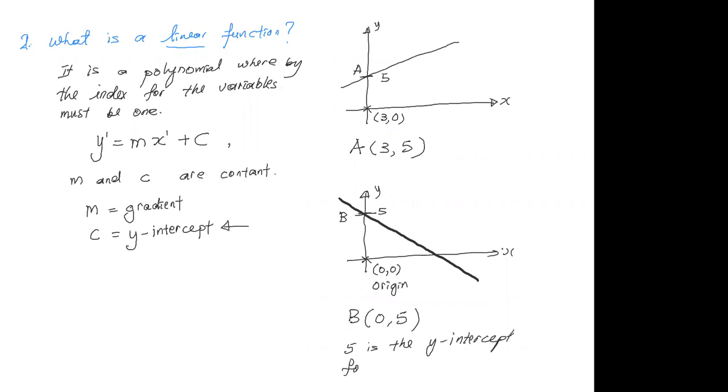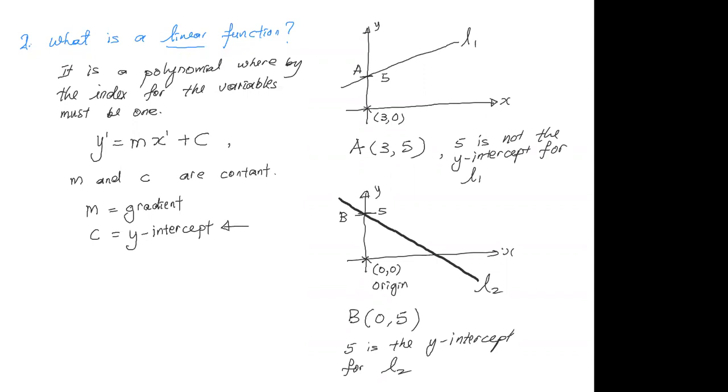For, okay, I call this straight line L2. For here, this is my L1. So 5 is not the y-intercept for L1. So now you tell me, what is the y-intercept?